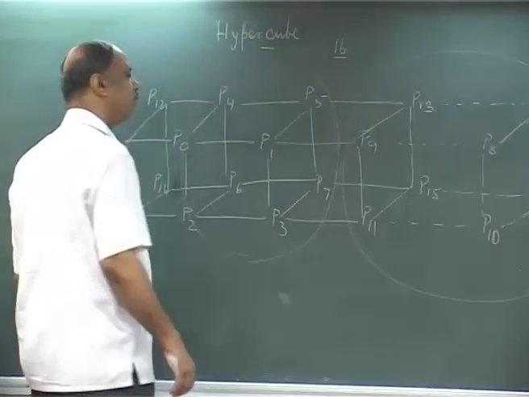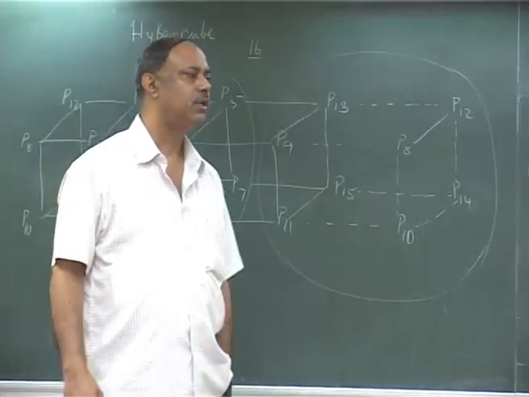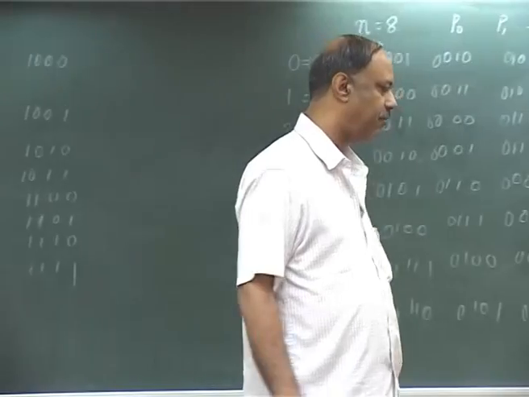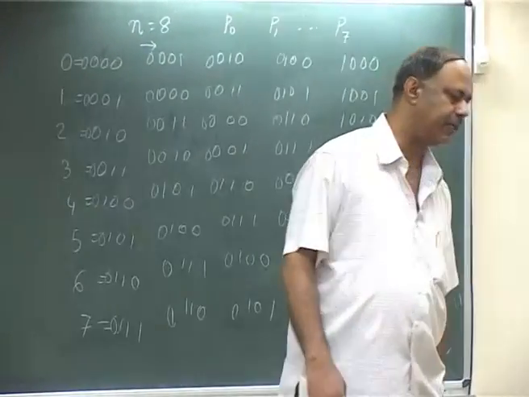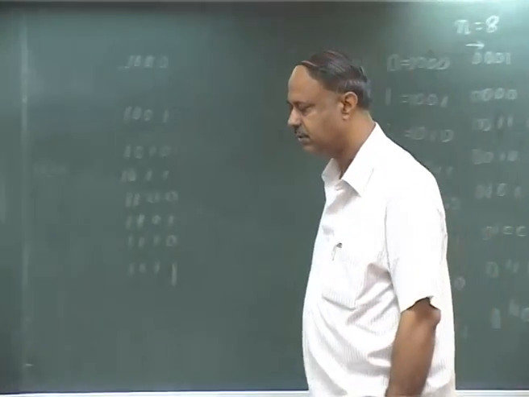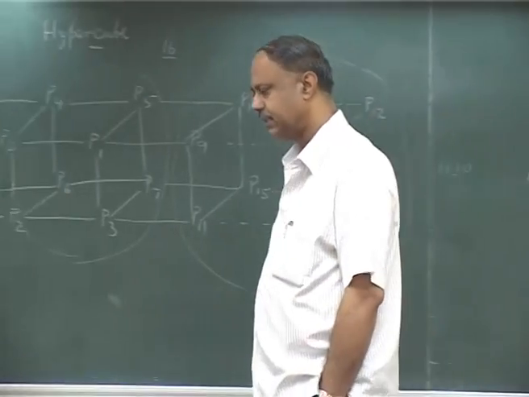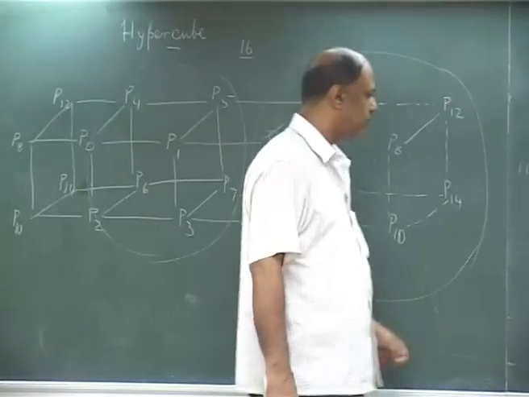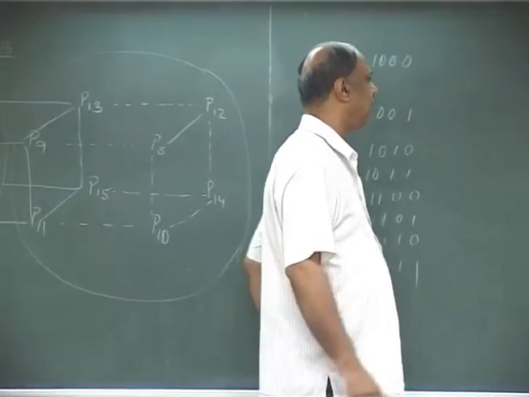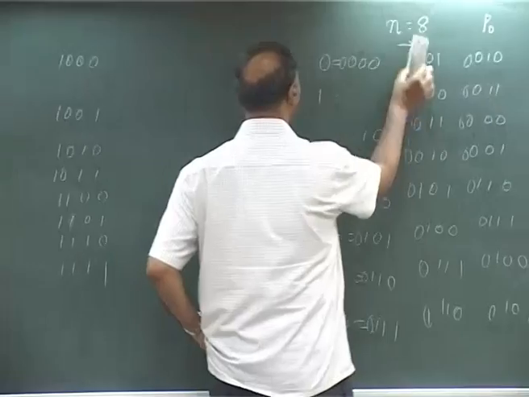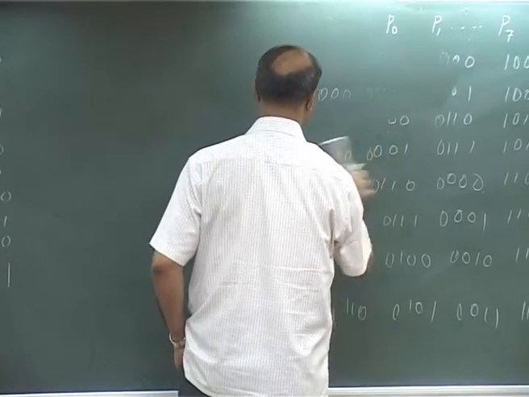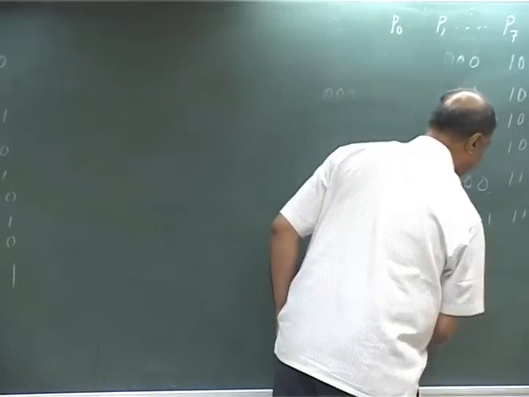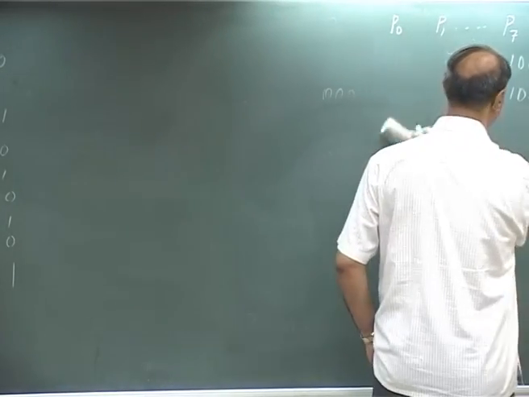These two processors are those ones whose binary representations differ in the MSB. So here every processor is having log n connections, if you have n processors. In the case of butterfly, every processor is having at most 4 connections.